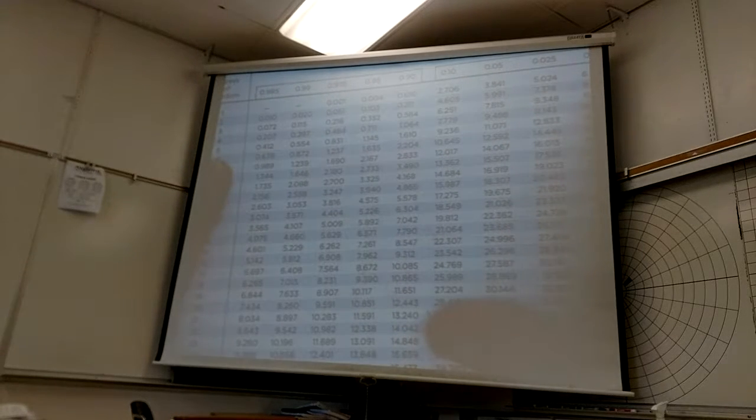Degrees of freedom here is 4, no, 5. 5. That damn 0. The critical value is 16.750. And we got to 19, so we're there.